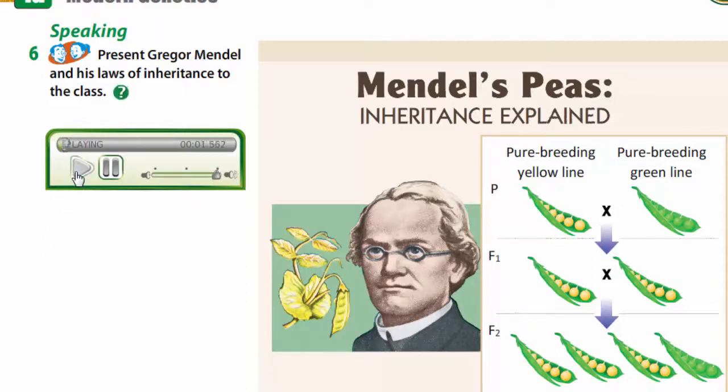Gregor Mendel was an Austrian monk who performed experiments on pea plants in order to understand genetic inheritance. He chose pea plants because they grew quickly and had various observable traits. From his series of experiments, Mendel came to 3 conclusions. He called these the laws of inheritance.